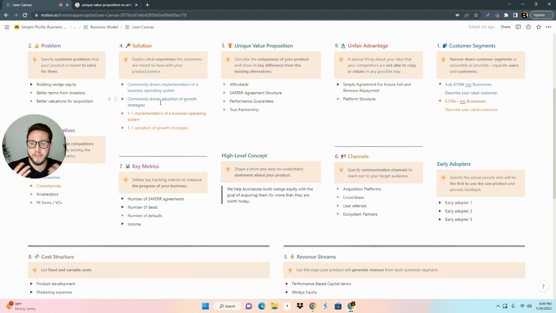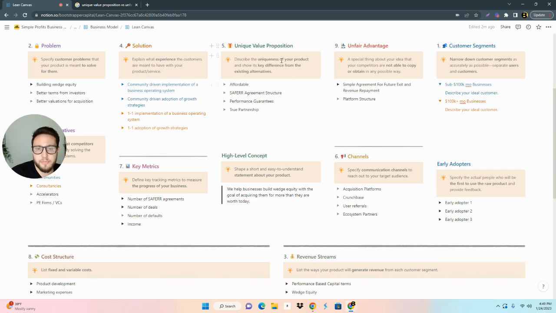So when you're thinking about your solution, again, think about it from the lens of the experience of that customer segment, right? Once you work through the solution, the next thing that you're going to talk about is the unique value proposition. And the unique value proposition is what's going to make you different in the eyes of your customers, right?